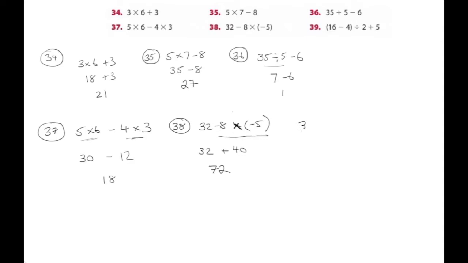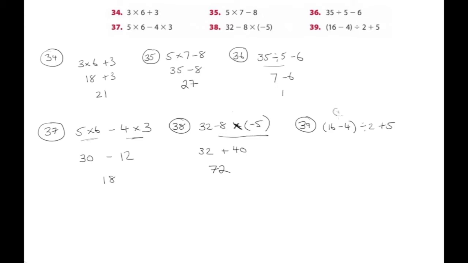Now 39, in brackets 16 minus 4, divided by 2 plus 5. Okay, here we're doing this, not because it's a minus, but because it's inside of the brackets.